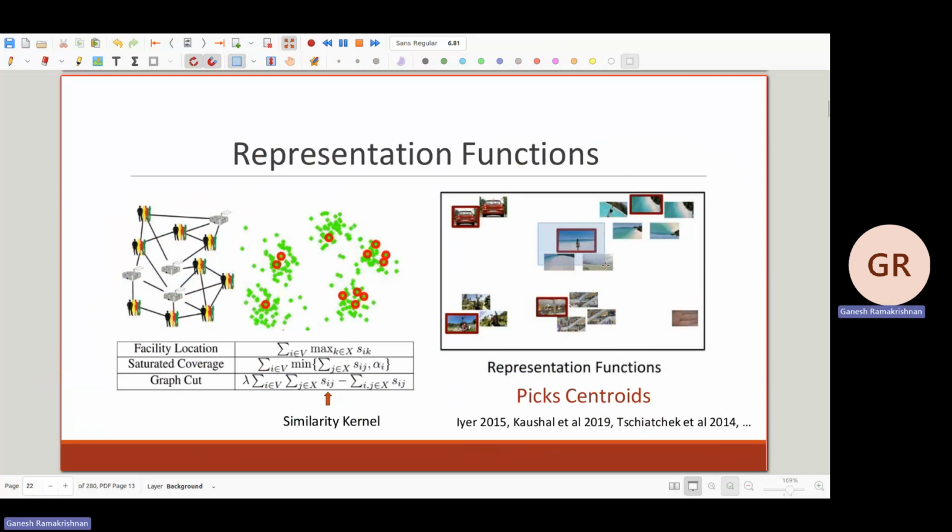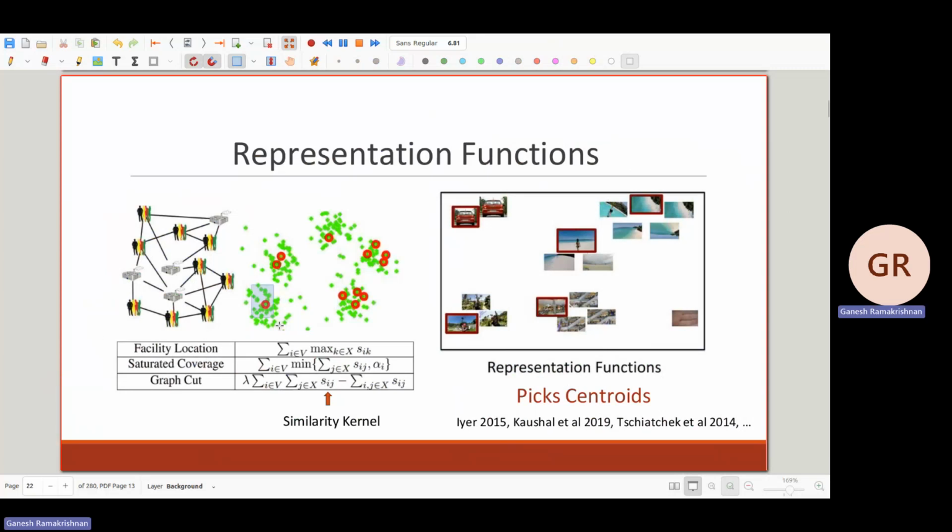I picked this guy here. Why? Because there are too many images in this area. If I pick this image instead, well, I have diversity, but I'm not representing a majority of the images in this region. So this is representation, which is probably the spirit of the paper you presented. More representation.